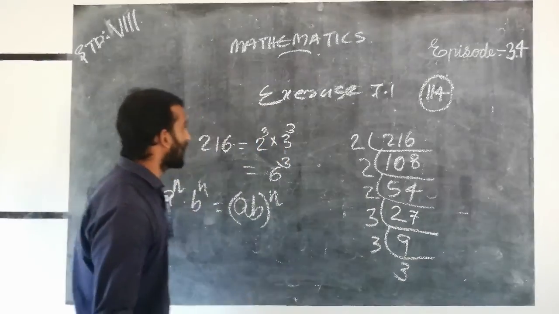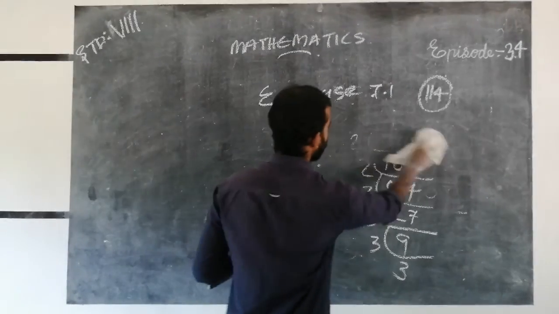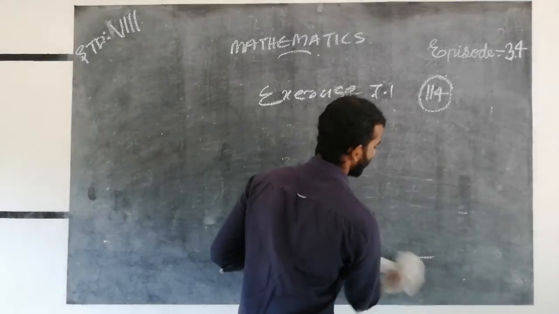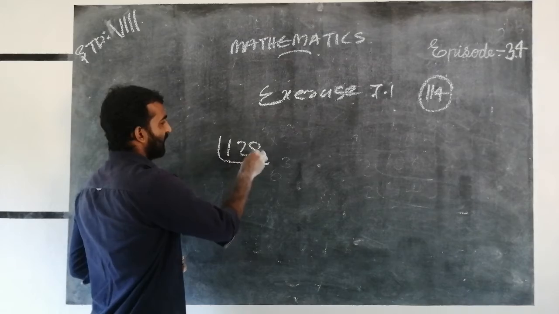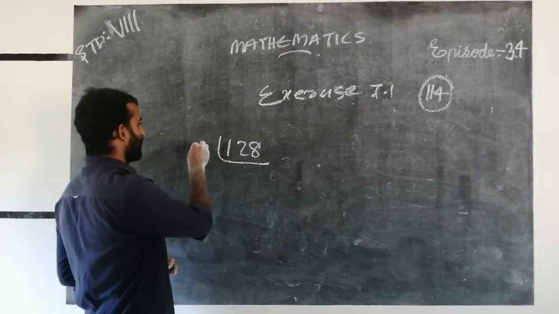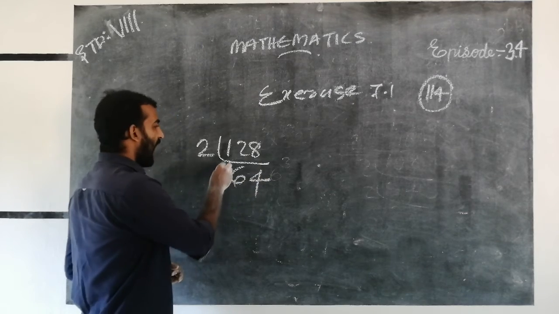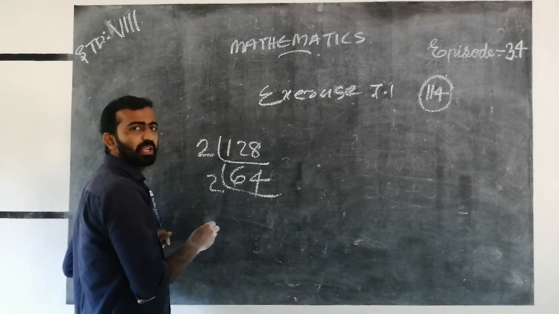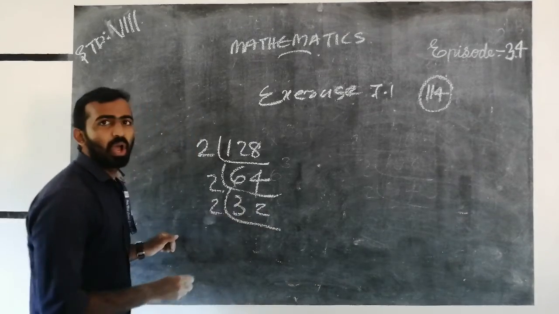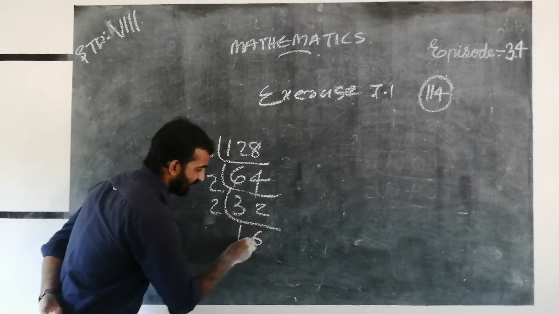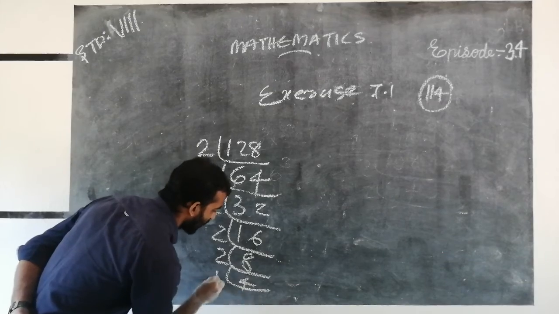And next one is 128. What is 128? We check the prime factorization. That is 2, 64, and 2, 32, and next we take 2, that is 16, then 8, 4, also we get 2.